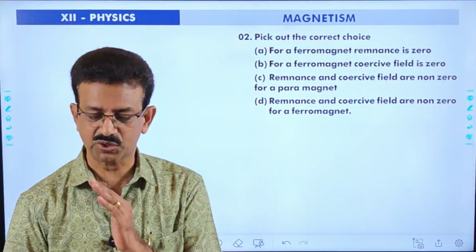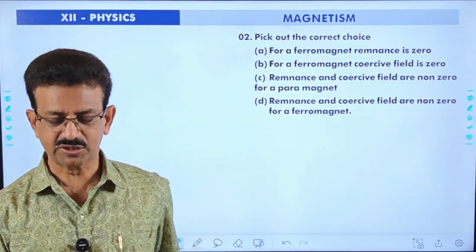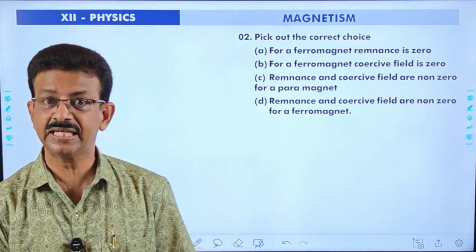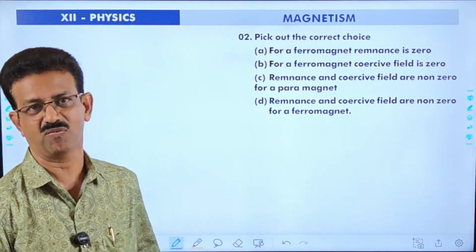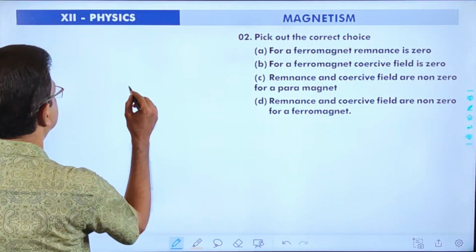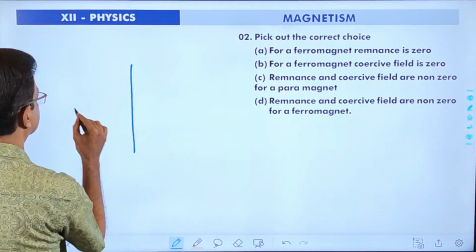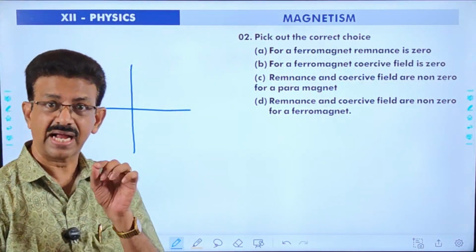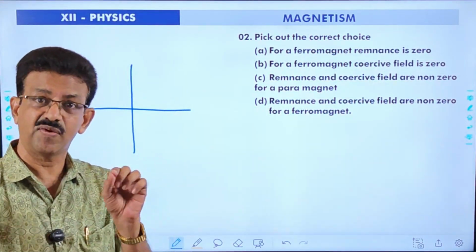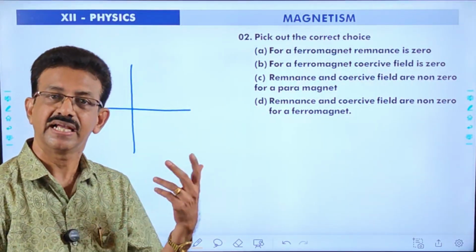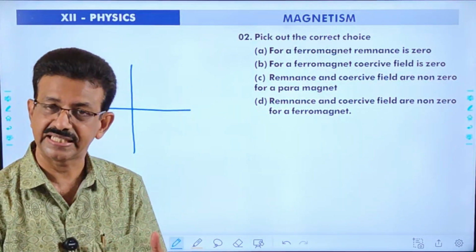Now we'll go through the choices one by one. The first choice is, for a ferromagnet, remnants is 0. I'll explain what is remnants and what is coercive field. If an external magnetizing field is given to a ferromagnetic material, after some time, it will have some magnetization.